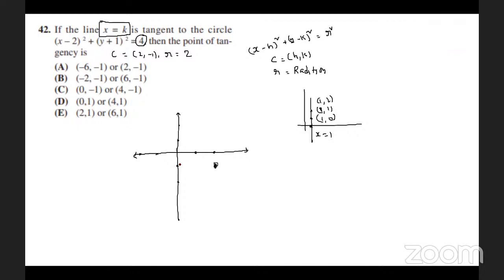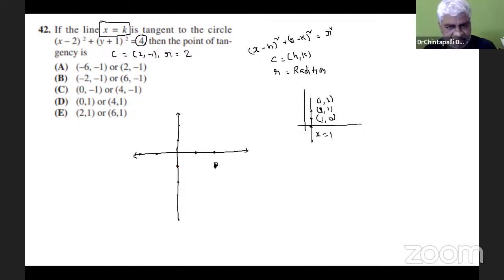Yes, sir. That's why its graph is like this. 2 units: 1, 2. 1 unit, 2 units, right? Got it?